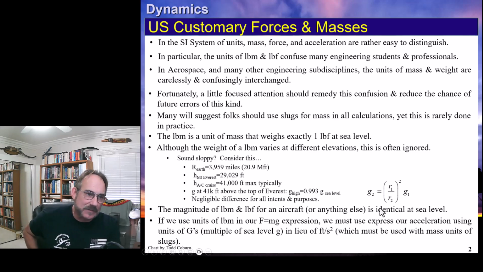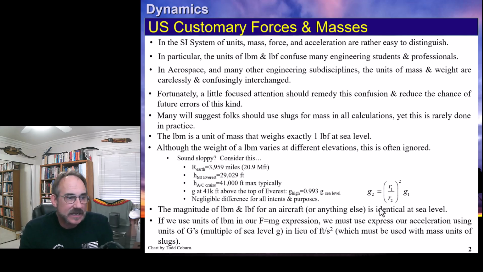And a lot of times in industry, in aerospace anyways, since F equals mg, mass times gravity, you have to use units of slugs to use this unless you talk about our acceleration in g's, like how many times the acceleration of gravity.